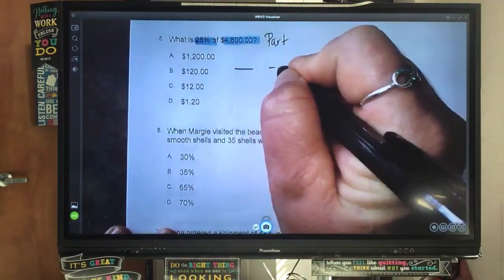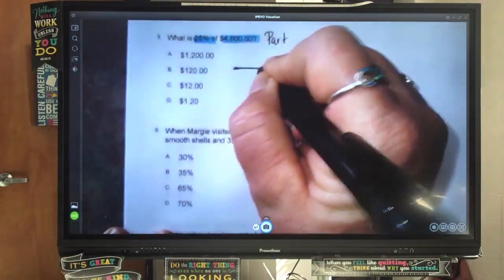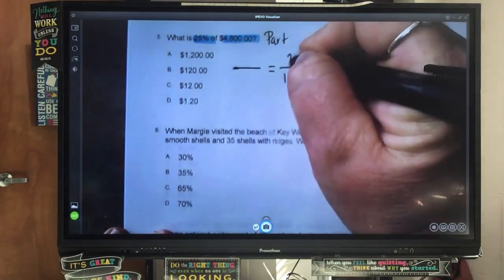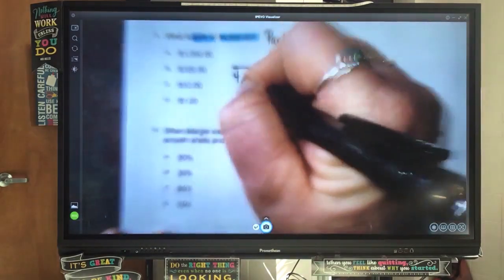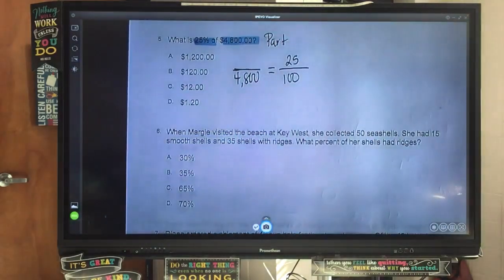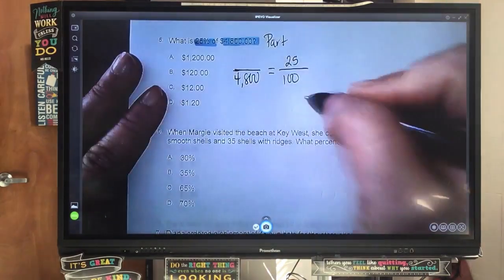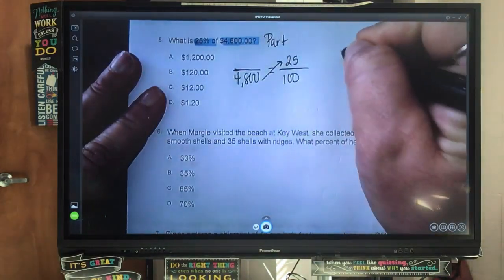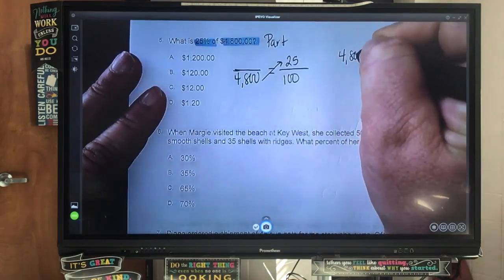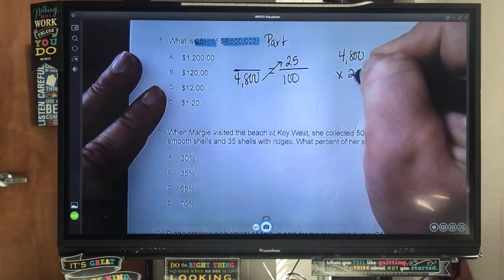So setting it up the same way as last time. I have 25 over 100, and the part over 4,800. Alright, so cross multiply 4,800 times 25.